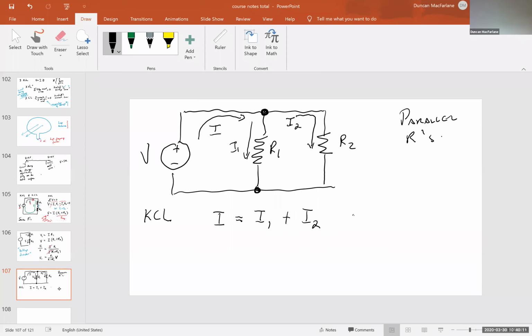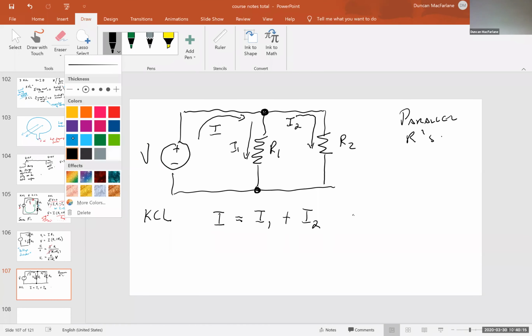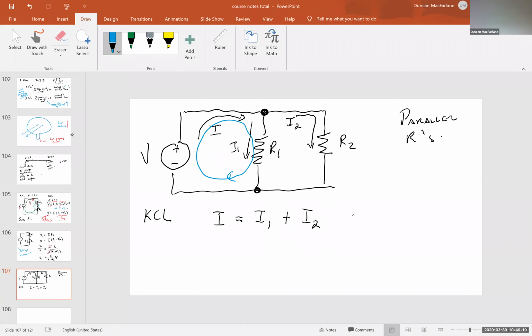So Kirchhoff's voltage law says that the sum of the voltages around any loop has to hold. And here's one loop. So KVL, this voltage will equal I1 times R1.